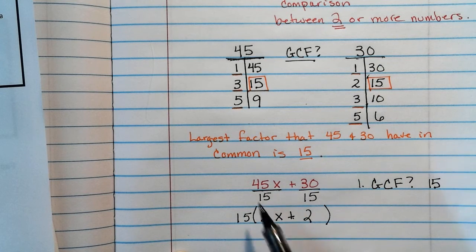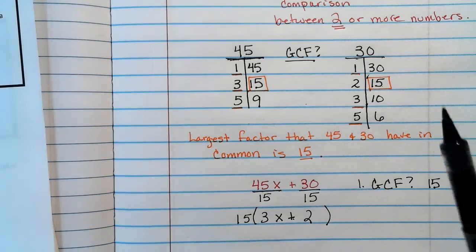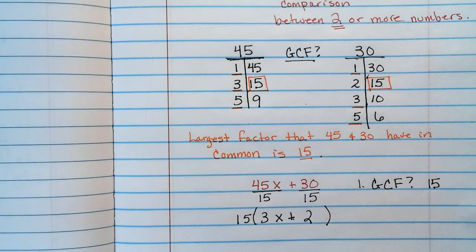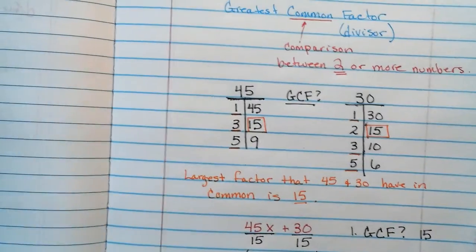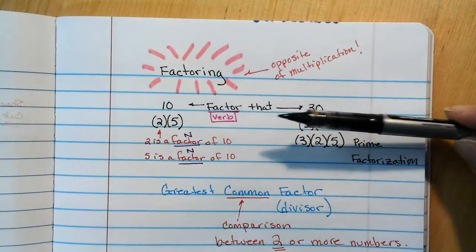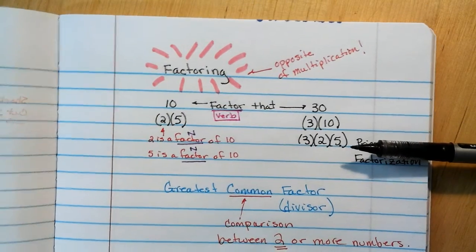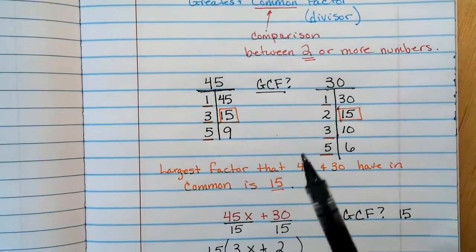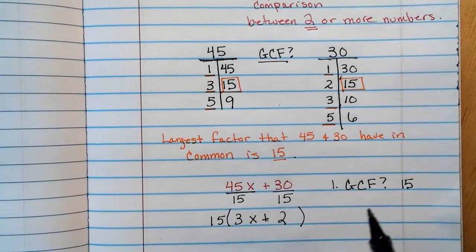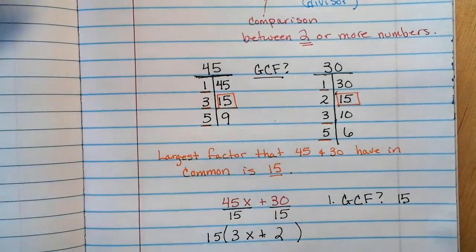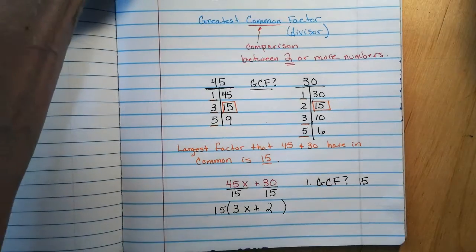I have just factored that binomial by taking out the greatest common factor. So as we're factoring, we're going to be doing a lot more than this. I'm just giving you a heads up. On vocabulary, you really need to know the difference between when I just say factor, I want the factors, and when I say I want the greatest common factor. They both have the word factor in it, but they're not the same thing.